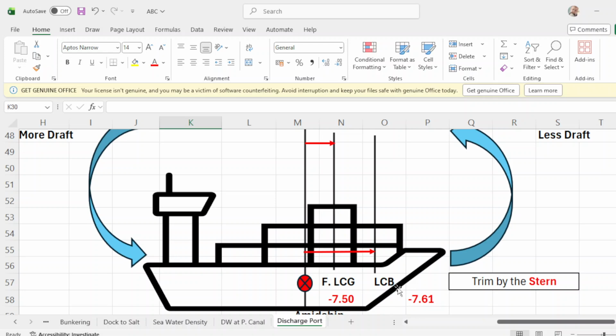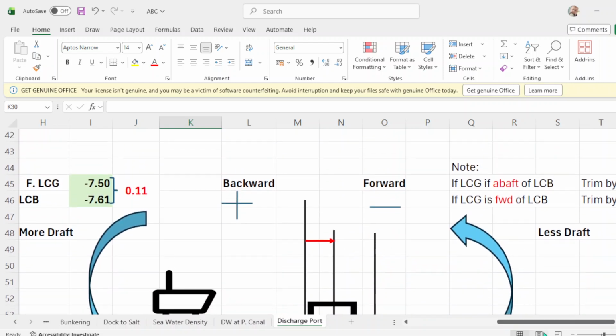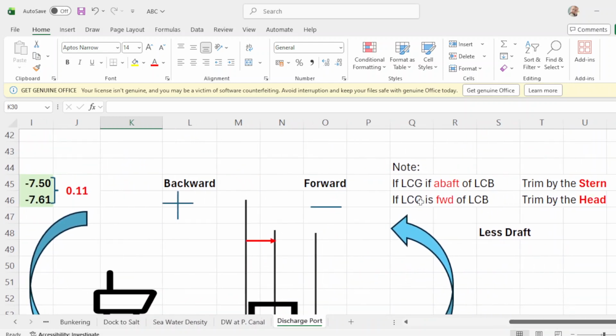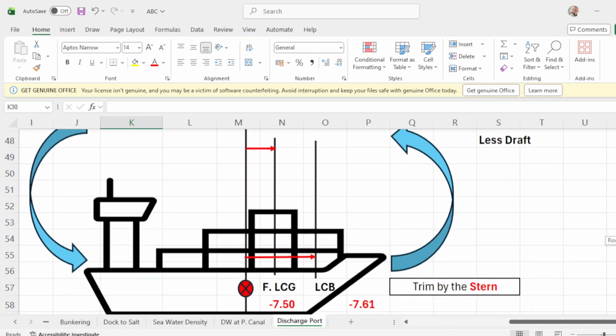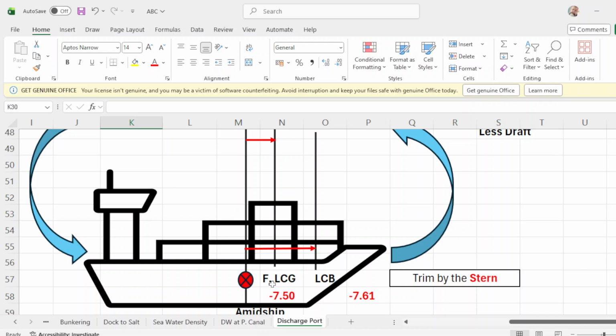So what does it mean? If your LCG is behind or backward of LCB, then you are trimmed by the stern. Your LCG is behind LCB, that's why you are trimmed by the stern. I hope that's clear.